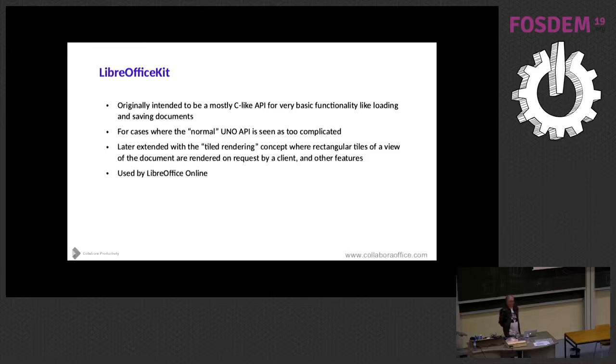Or Miklos, am I remembering wrong, but it's used for other things also initially? Oh. But then when this tiled rendering idea arrived, this was added to LibreOffice Kit also.